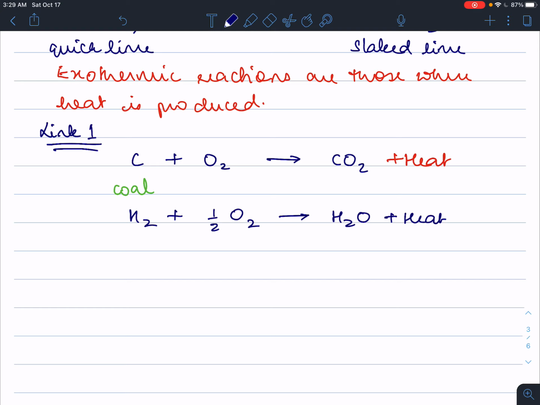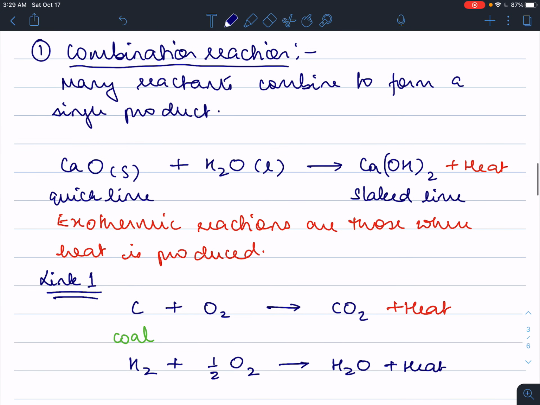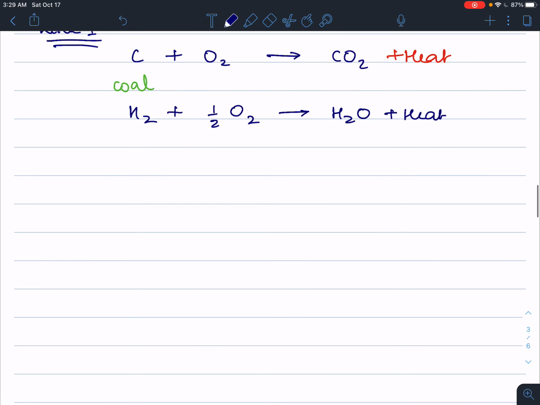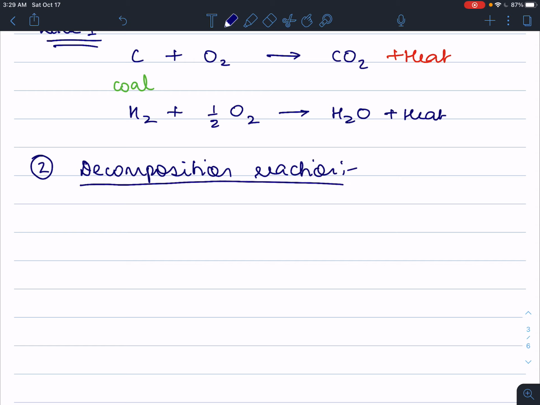Now, let's look at the exact opposite of this process. So that would be called a decomposition reaction. So think about the meaning of the word decomposition. You have a large complicated molecule which you can break into several smaller, less complicated molecules.